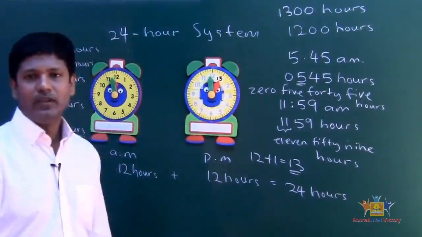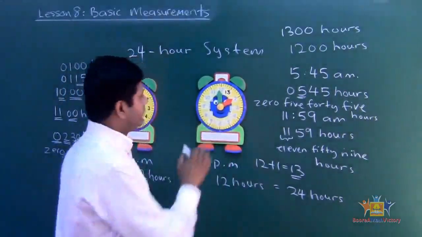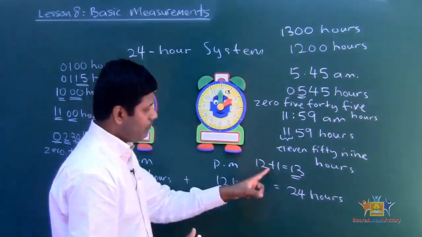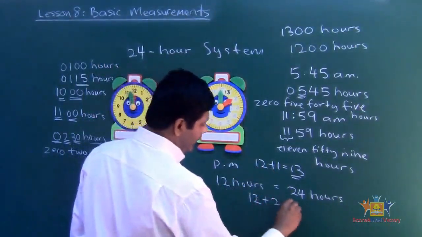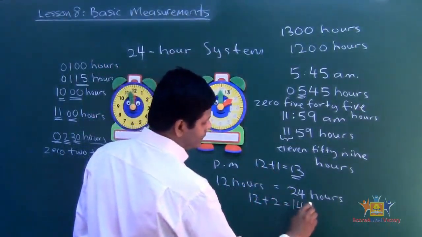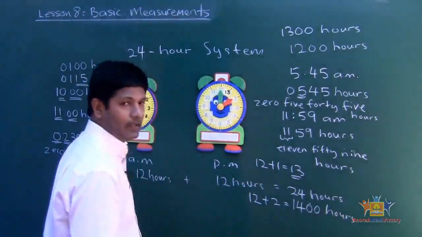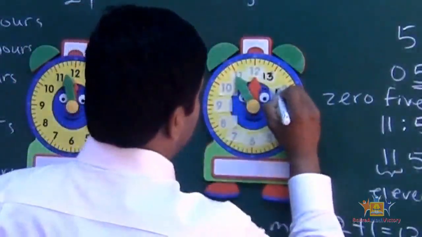Then it goes to 2 o'clock, 2 p.m. It's 14. How's that 14? 12 plus 2 gives me 14 hours. So 1400 hours.